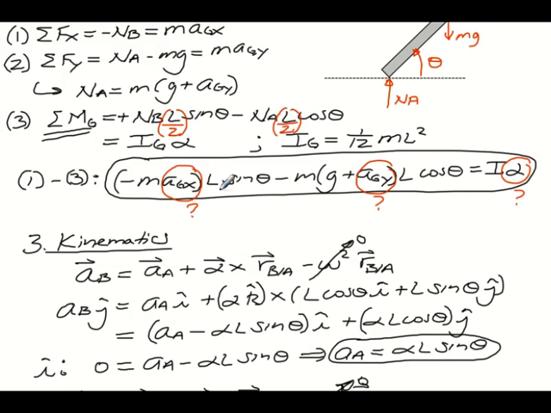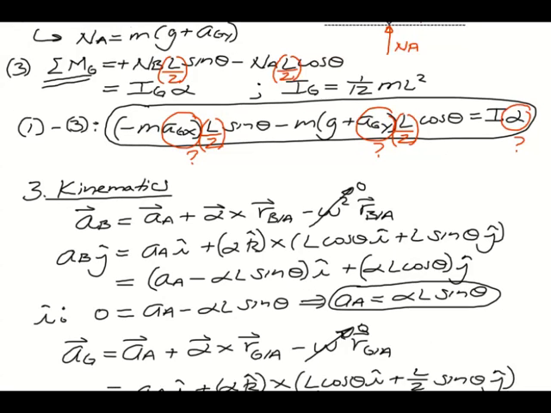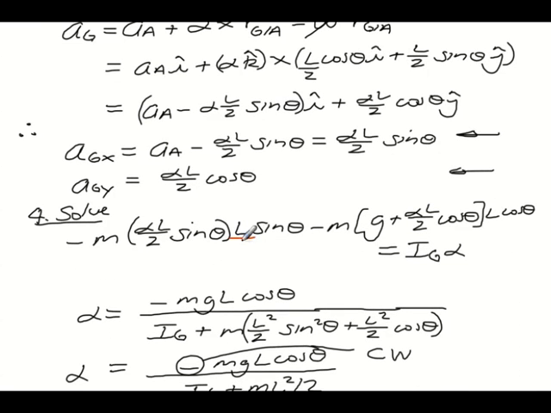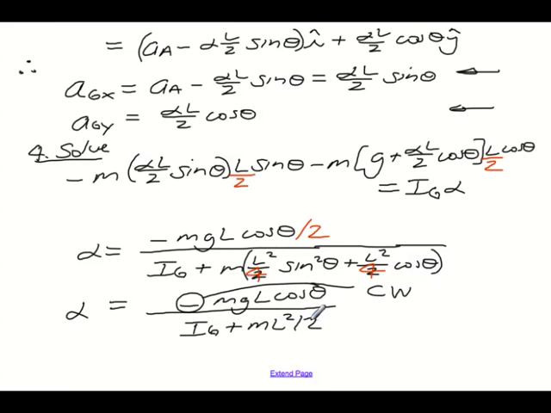So this becomes an L over 2. This becomes an L over 2. So this equation then reappears back here. So we have L over 2 here, L over 2. So there'll be a 2 factor there. There'll be a 4 there, and a 4 there. So the final result here is ML squared over 4 plus IG on the bottom.